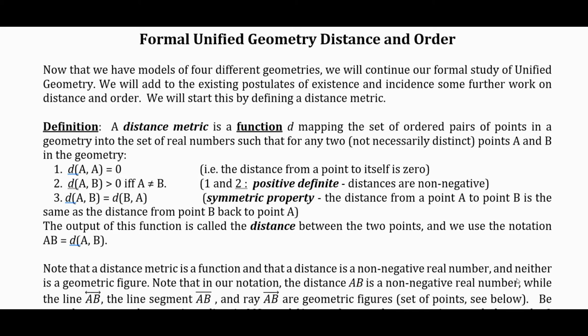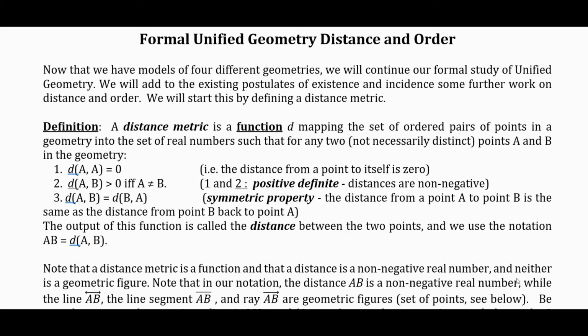We're going to start by defining a distance metric. A distance metric is a function, d, mapping a set of ordered pairs of points in a geometry into the set of real numbers such that for any 2 not necessarily distinct points a and b in the geometry, the distance from a to a is 0. In other words, the distance from a point to itself is 0. And the distance from a to b is positive if a is not equal to b.